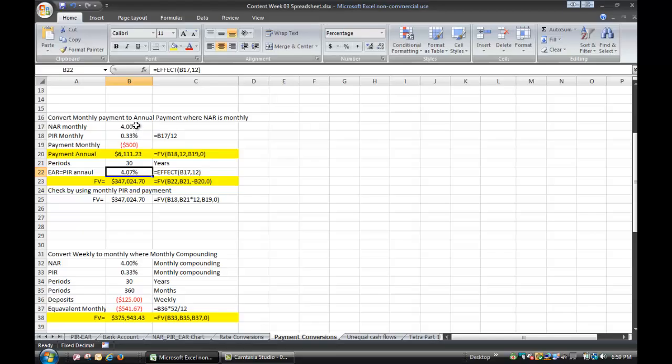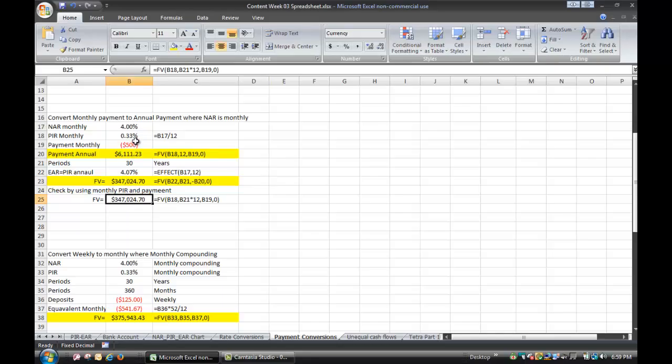So we take the NAR monthly, use the effect function, and we find over 12 months that the EAR is 4.07%. So now we have an annual percentage, we have an annual number of years, and we have an annual deposit. So we can do the future value, plug it in, and you get $347,024.70.